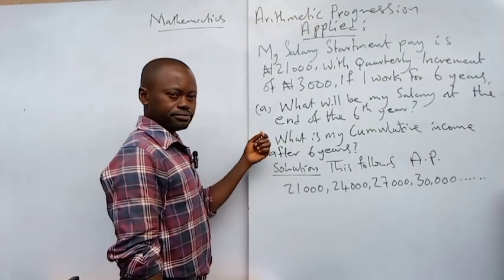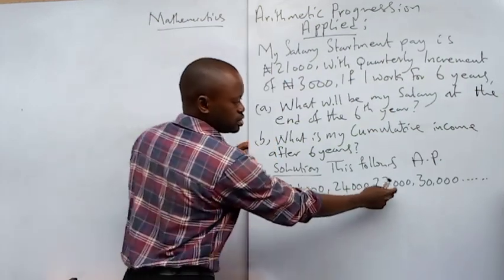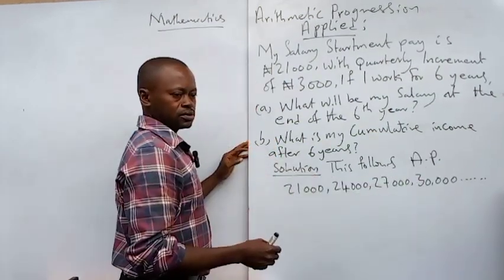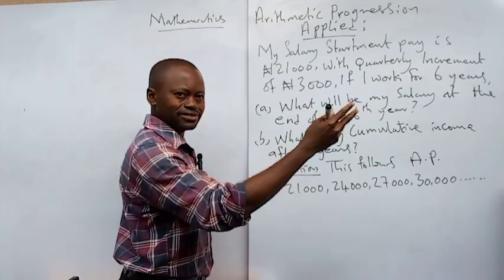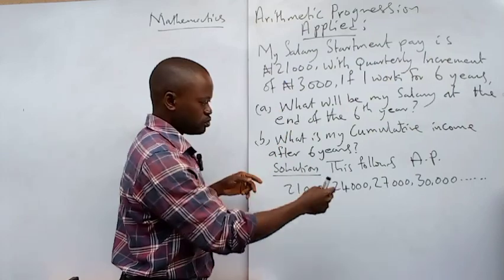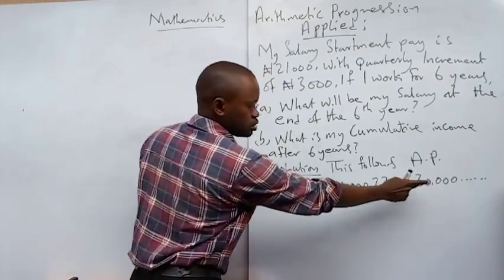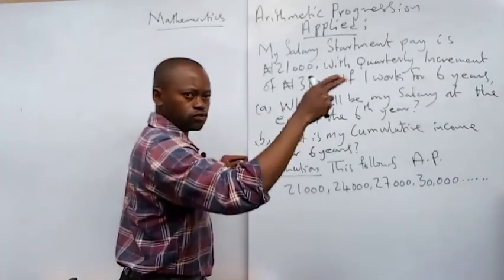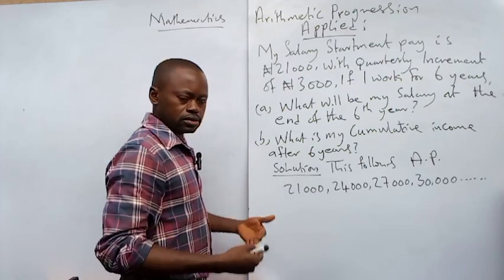We want to know how many terms will exist here until we get to that point after 6 years. That's the nth term. This is the first one, second, third, fourth. At what point are we going to get to 6 years?